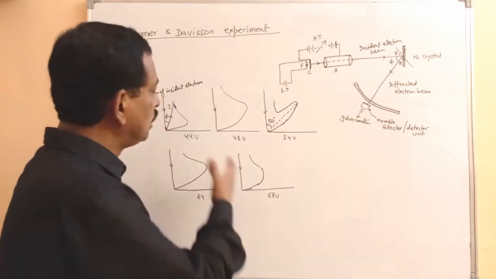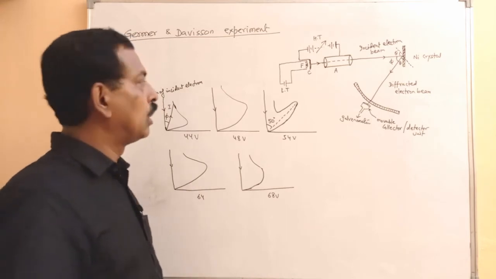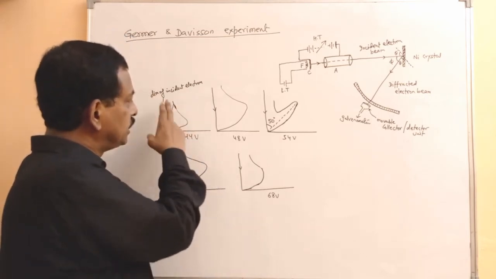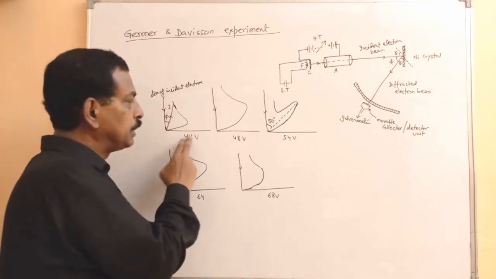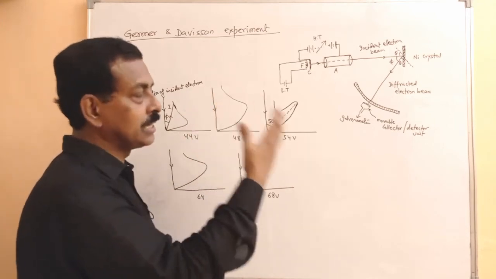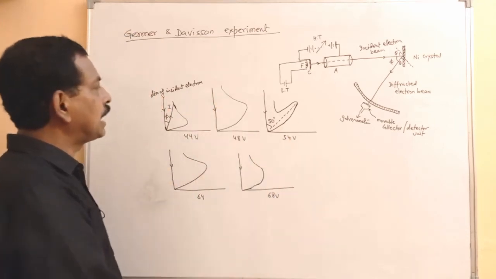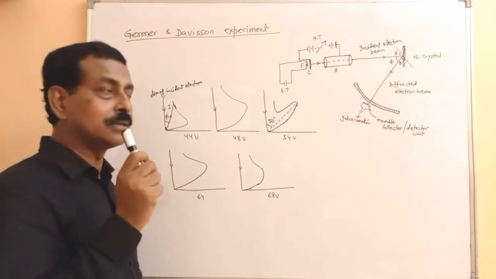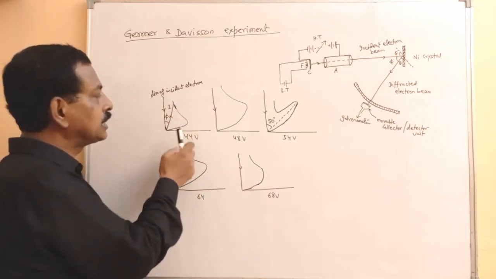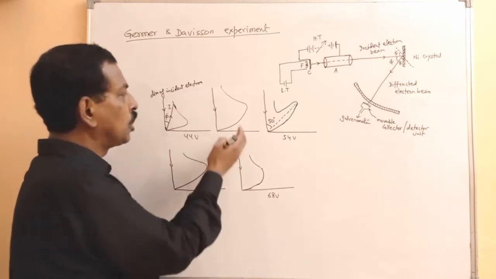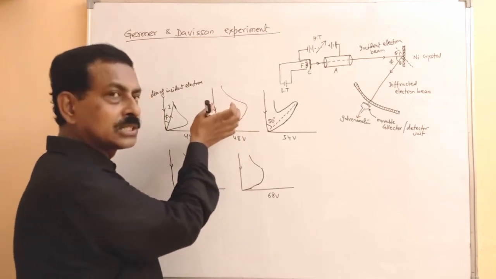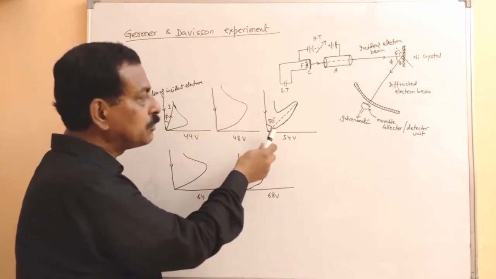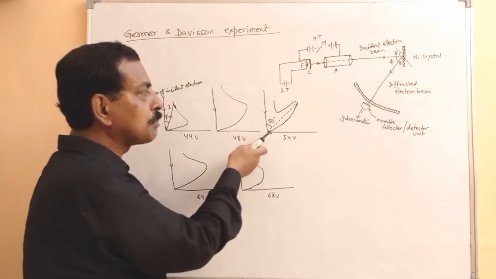If you plot the nature of the intensity at the different operating voltage, or oscillating voltage, and the different scattering angle, in that case we get the nature that at 44 volt it is broad, at 48 it starts concentrating, then at 54 volt it has a sharp peak.